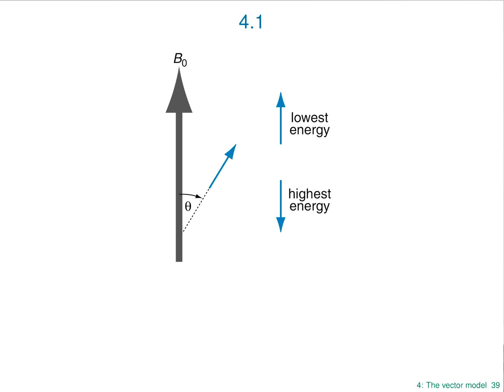Now, when you put these spins in a magnetic field, they have an energy due to the interaction between the magnetic field that you apply and the little magnetic moment that the spin has. And this energy of interaction goes as the cosine of the angle between the magnetic moment and the big applied magnetic field.